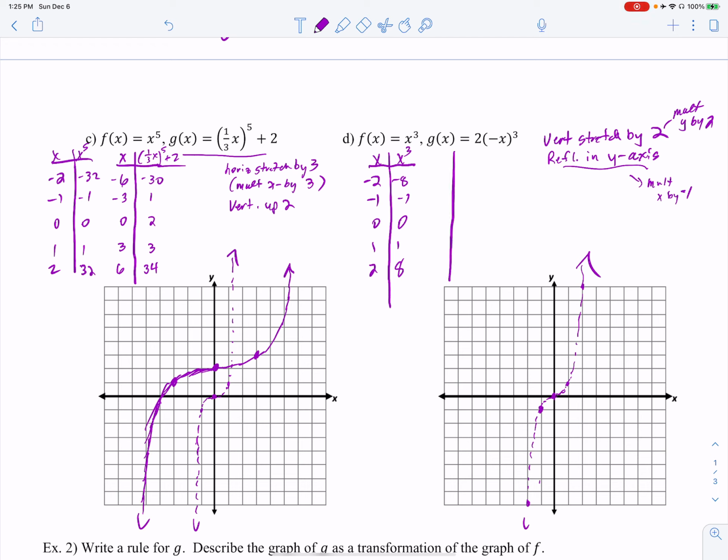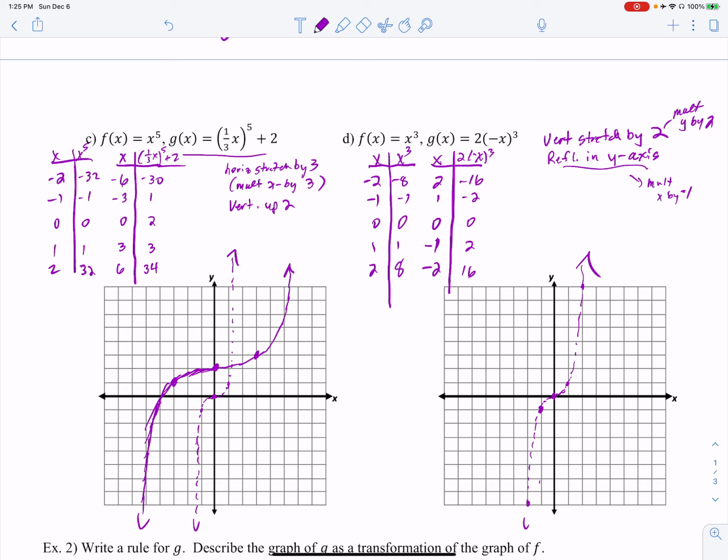So the table of values, as we transform these particular points, is going to change all the signs on the x's and then multiply the y values by 2. So -16 and -2, a 0, 2, and 16.